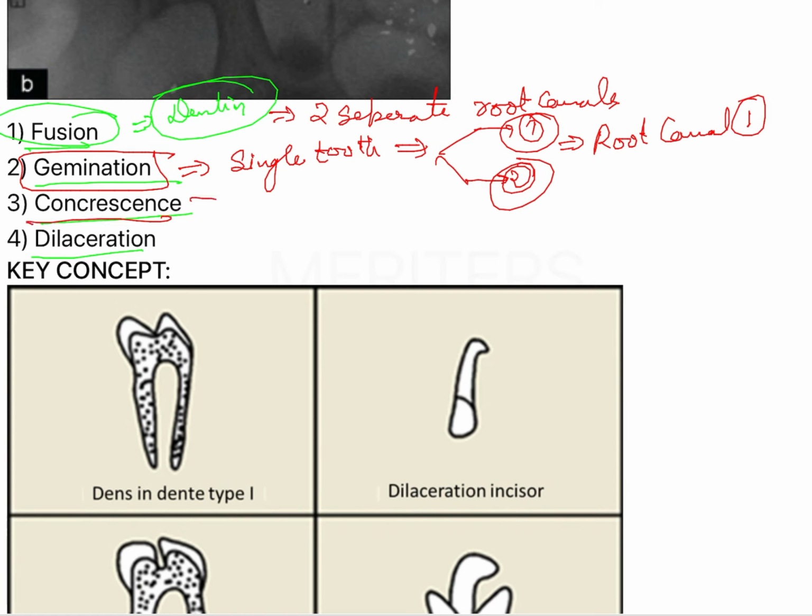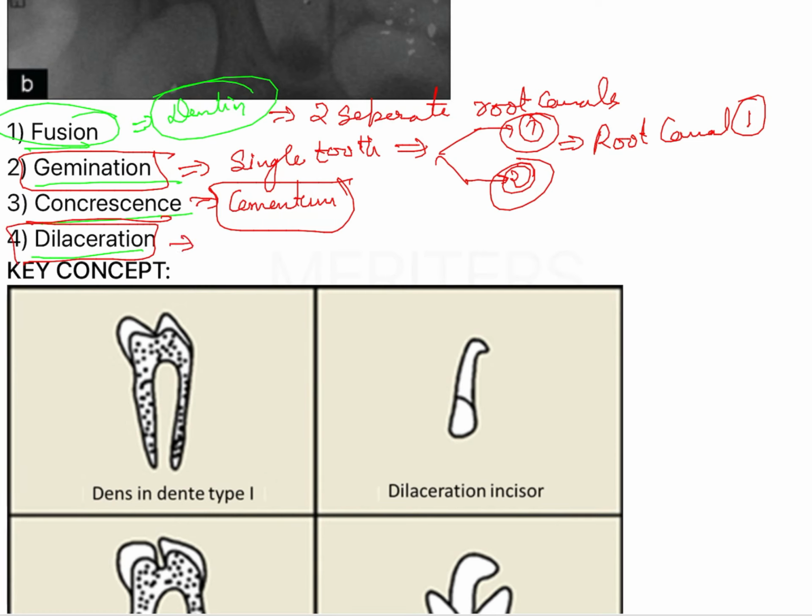Then we have concrescence. Concrescence also has 2 separate teeth, but the catch here is that the teeth are joined with each other with cementum only. Only cementum is fusing in these 2 teeth, and yes, the 2 teeth will be there, right? Then what is dilaceration?